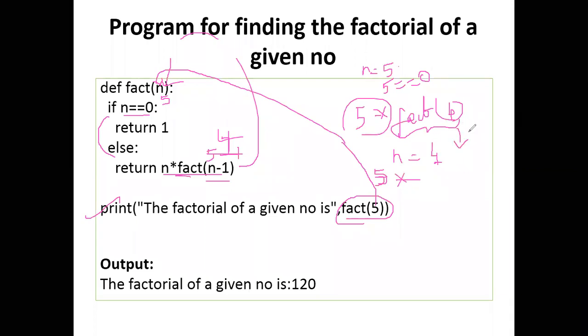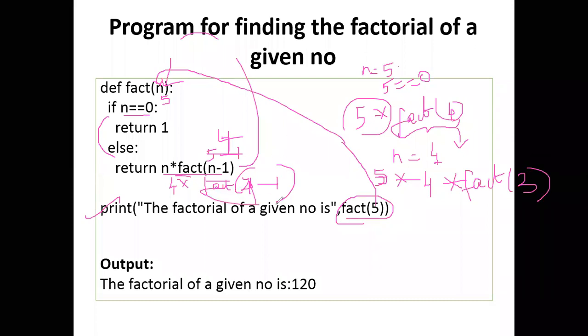So for this place, it becomes 4 into fact of, n value is 4, 4 minus 1 becomes 3. So n into fact of 3.